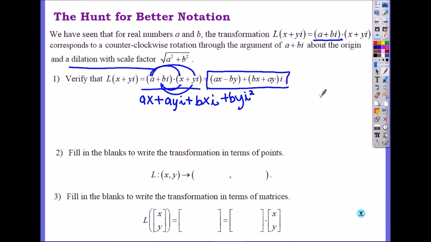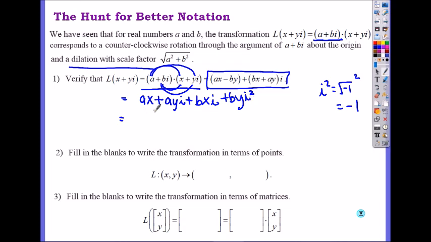What was i squared again? Root negative 1 squared, which becomes negative 1. So here we have i squared, so that becomes b y times negative 1, which is negative by, right?